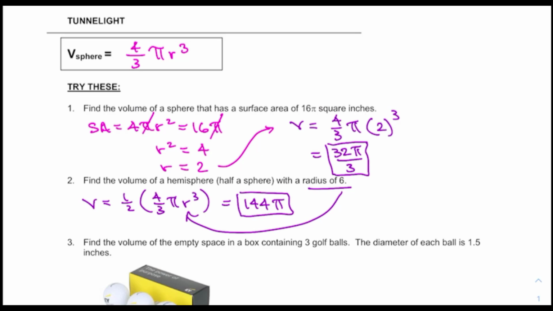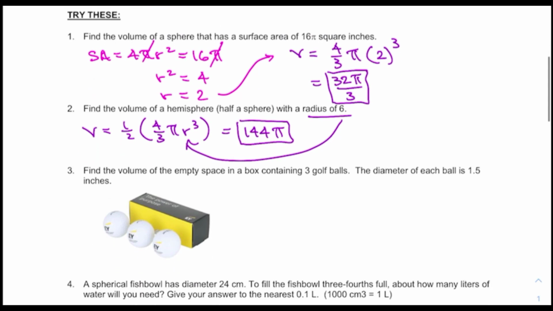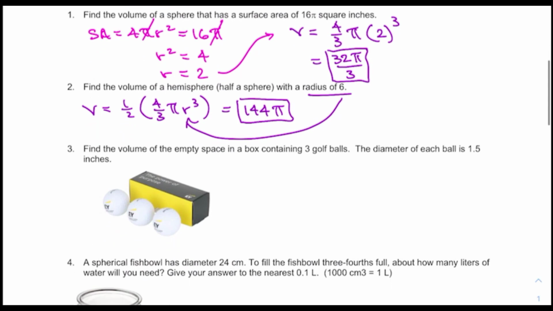Now you're going to see some word problems, kind of like this one here. Finding the volume of an empty space in a box containing 3 golf balls. So if I stick those golf balls in that rectangular box, what you'll do here is, of course, you'll take, or hopefully you'll see that you'll need to take, the volume of a rectangular box and simply subtract 3 of the volumes of those golf balls.